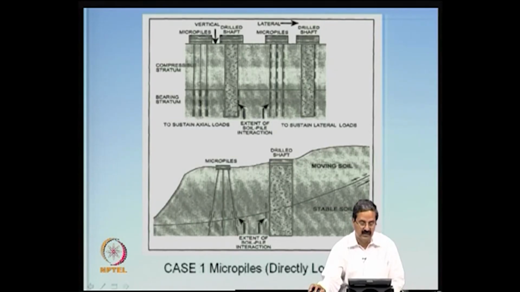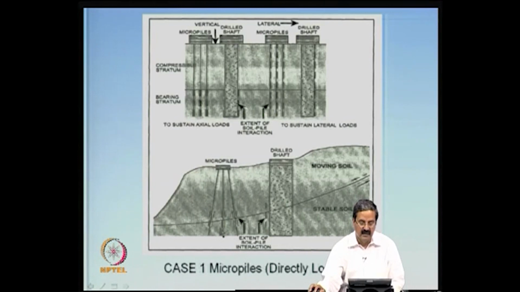You can see a line here where you have a force, the same force is now replaced with these micropiles, shaft resistance is there, the same shaft resistance you are able to get from here. Case 1 is an example where the vertical load is directly taken care of by the micropiles.